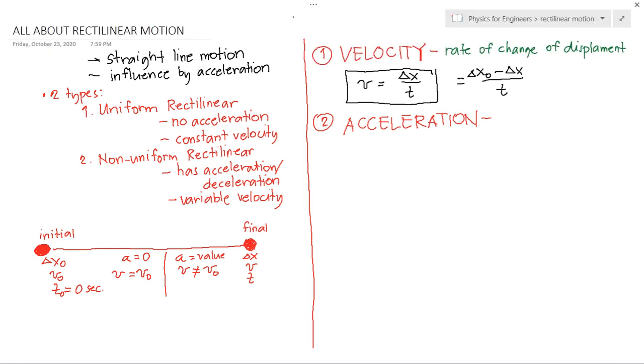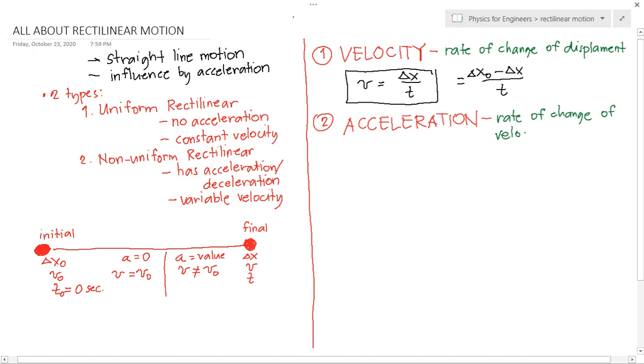So for acceleration, it refers to or measures the rate of change of the velocity. Kasi yung velocity is the rate of change of displacement, then it follows din na yung acceleration is the rate of change of that velocity.